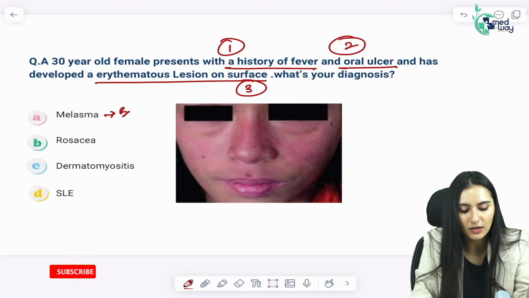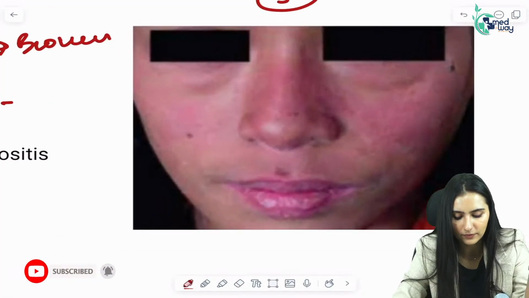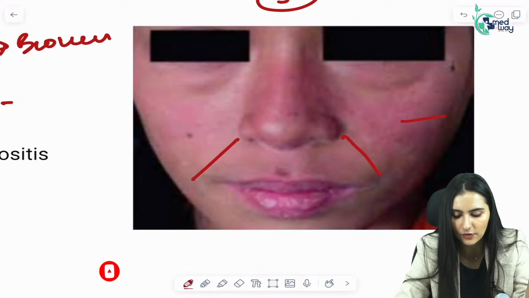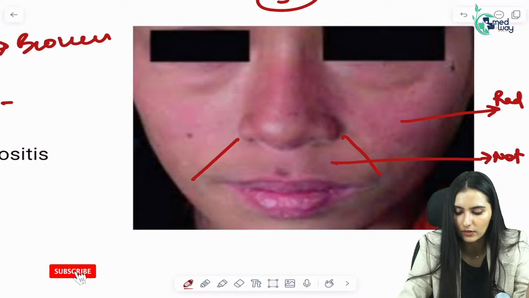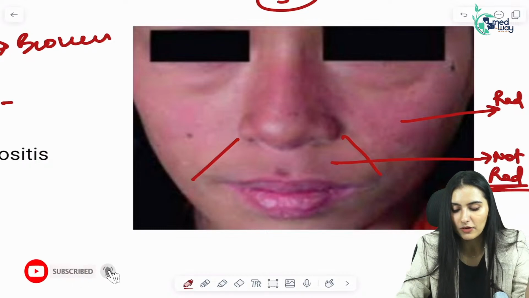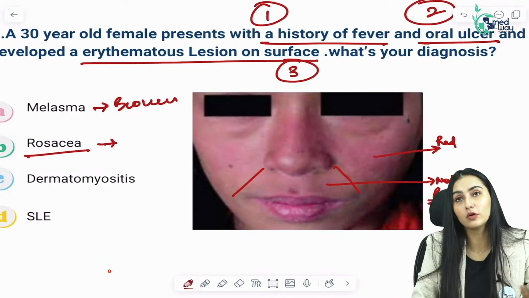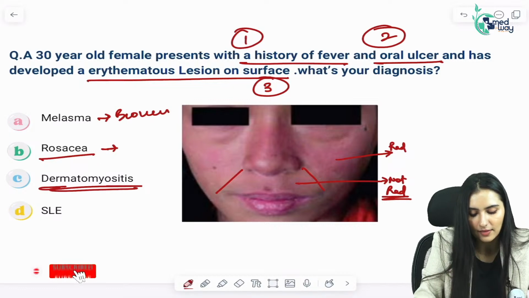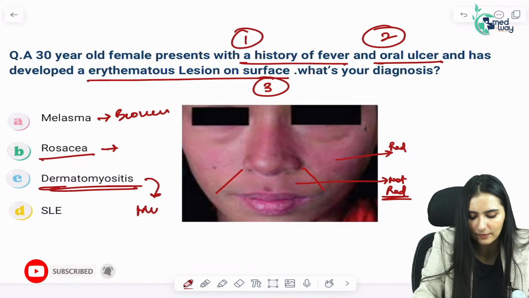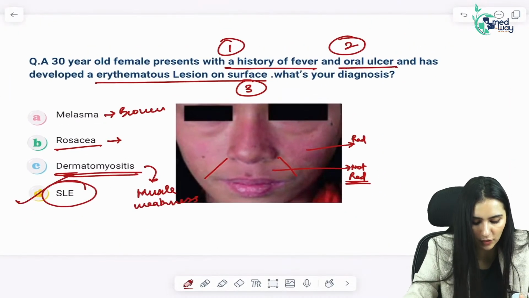Melasma will be brown in color. Rosacea, look at the nasolabial fold. It is kind of spared. This is red and this is not red. So, nasolabial fold is spared. Rosacea, the nasolabial fold will be involved. Dermatomyositis, what will be the history? They will give a history of muscle weakness. But in SLE, they will give you a history of fever.